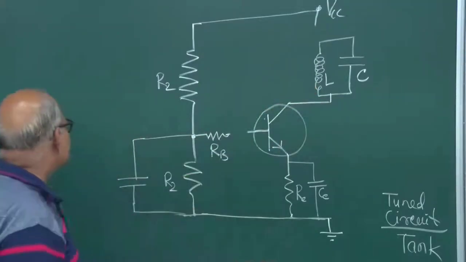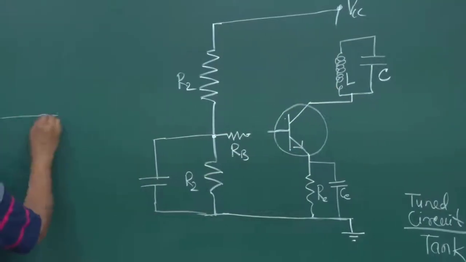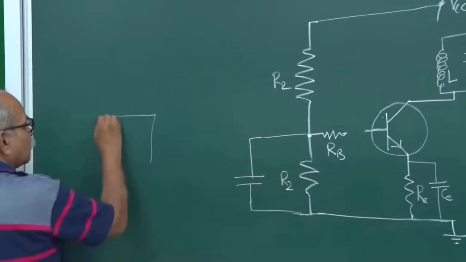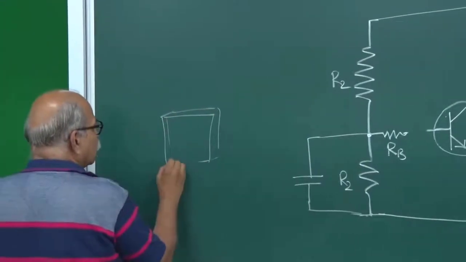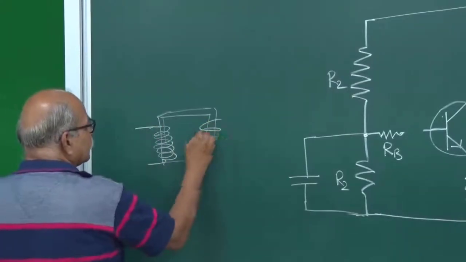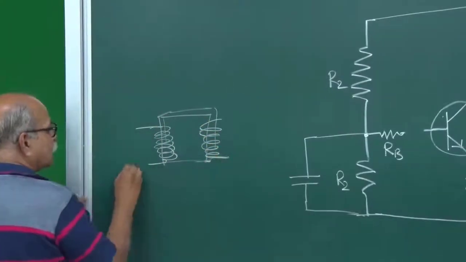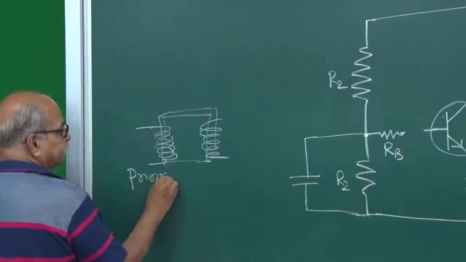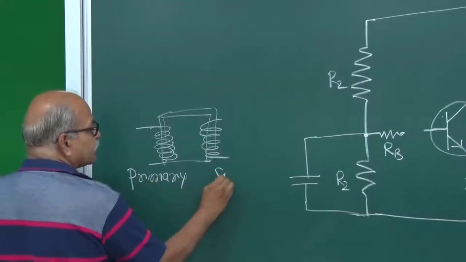So you remember transformer, you have a core, and on that core the windings are there, two windings are there, one is called primary and one is called secondary.